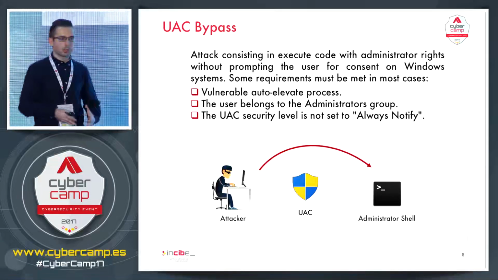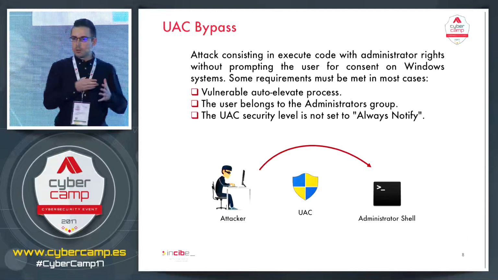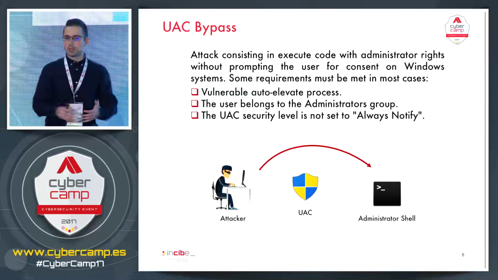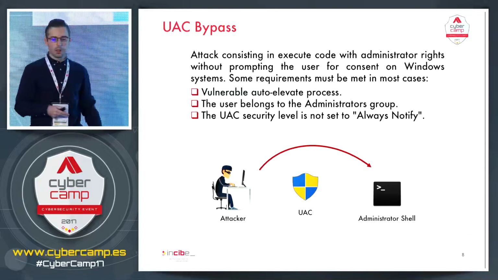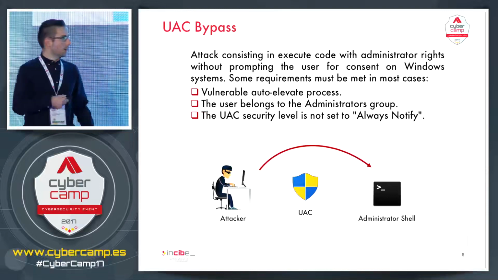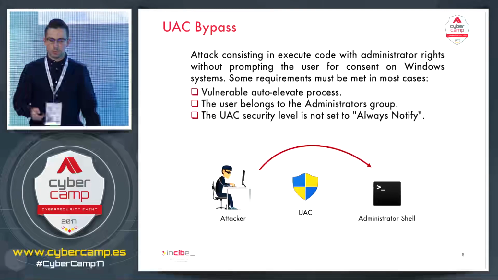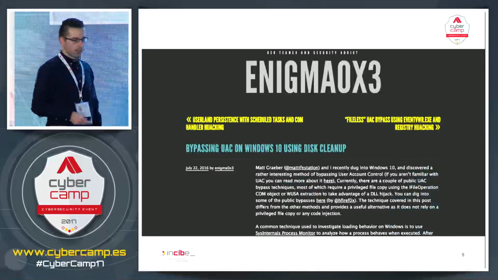We will need a vulnerable auto-elevate process. We will also need the user to belong to the administrators group. This is a final condition, and the UAC security level does not have to be set to the always notify level. This is a condition that can be bypassed in some cases.